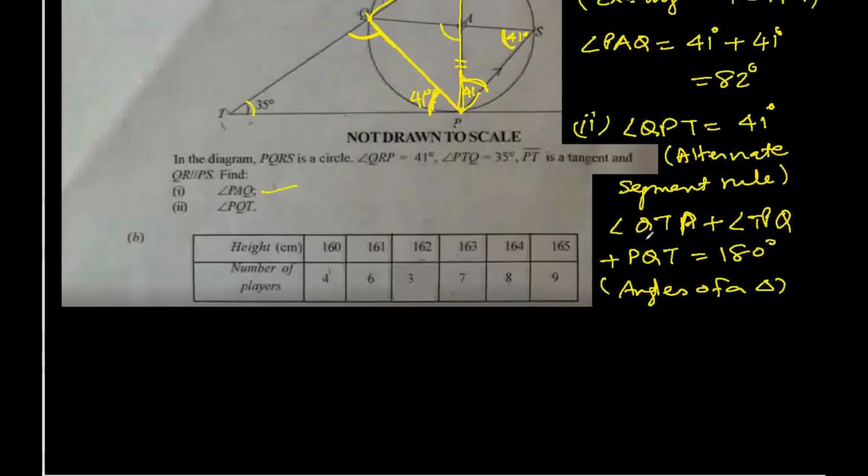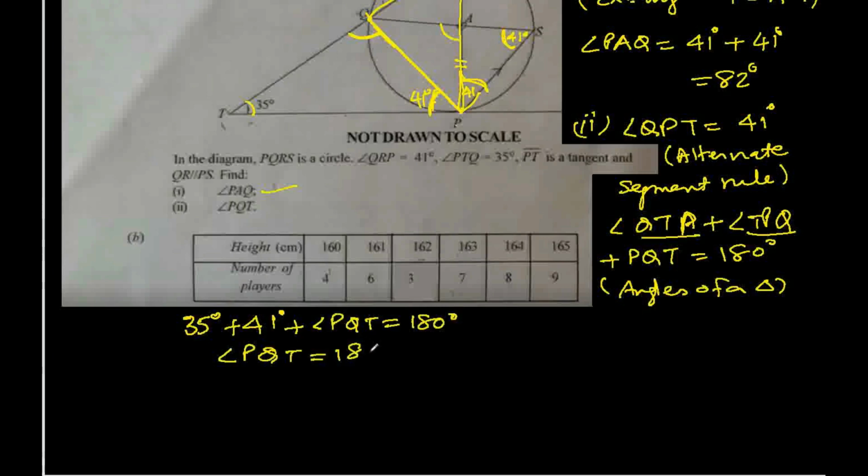Now we know that QTP is 35 degrees and TPQ we just found out is 41 degrees, plus the one they are asking, PQT, equal to 180 degrees. So angle PQT will be 180 minus (35 plus 41) degrees, which is 180 minus 76, and 104 degrees is that angle.